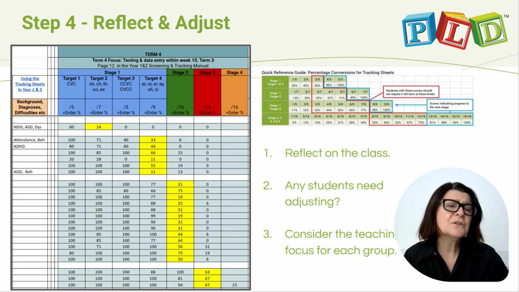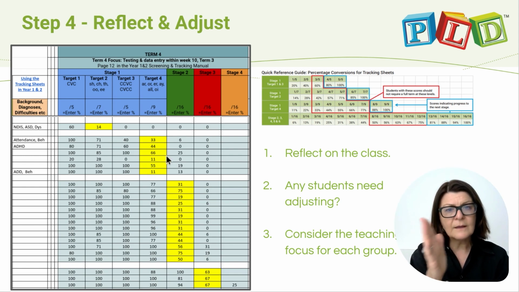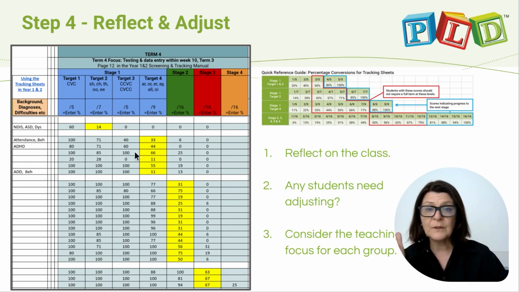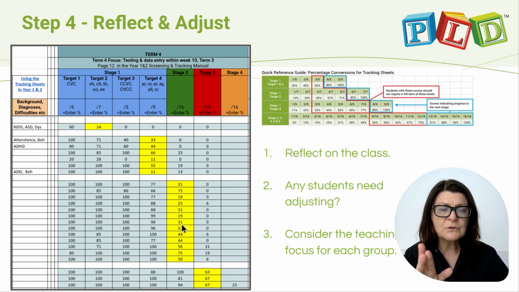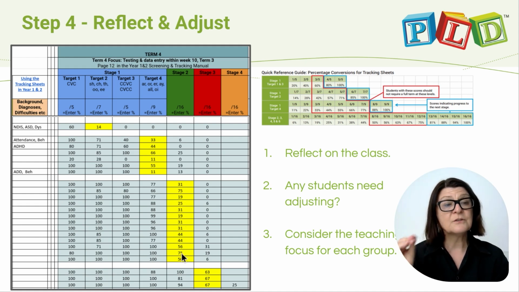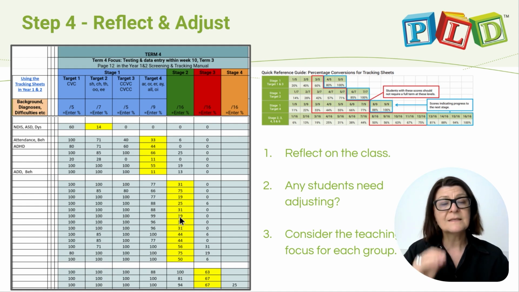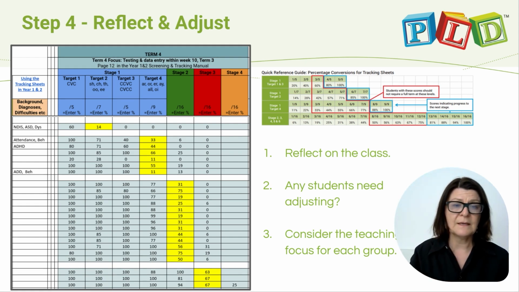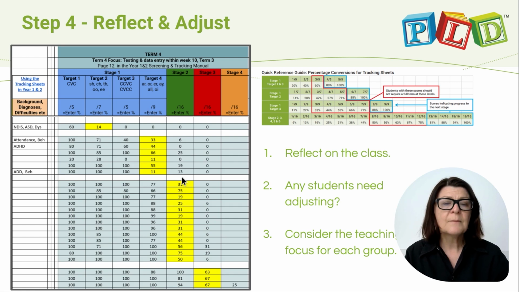It's then important to reflect and look at the numbers in the highlighted columns above and below, and just make sure that the groupings you've established are the correct groupings. Some students might be dropped, some might be moved up, but reflect there.